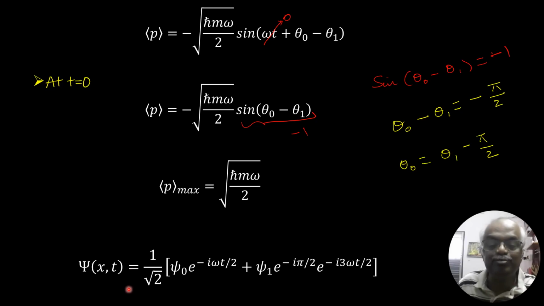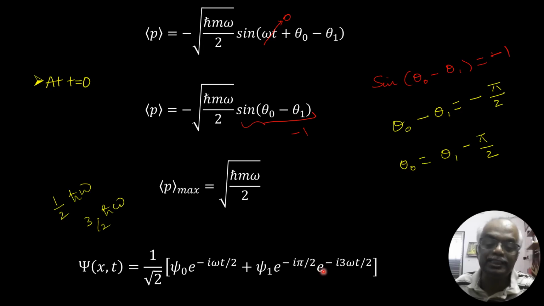Now what is the wave function at the maximum expectation value of momentum? It's a linear combination of two wave functions, the ground state wave function and the first excited state wave function. It can be written as 1 over square root 2, this is the normalization constant, psi naught e power minus i omega t by 2, because the ground state energy as given in the problem is h cross omega over 2 and the next is 3 by 2 h cross omega.